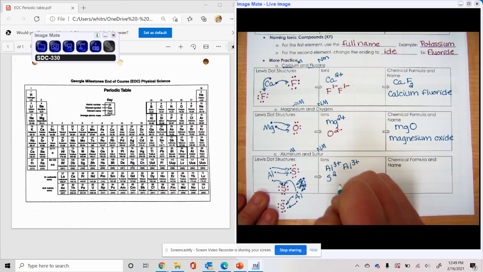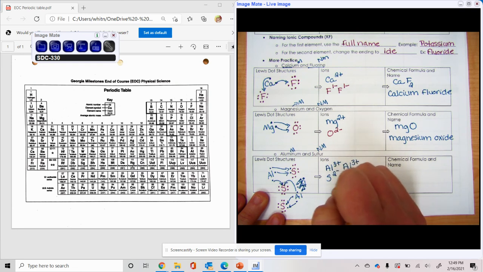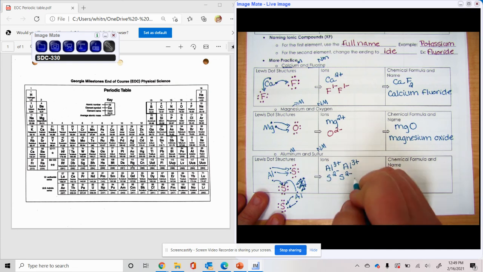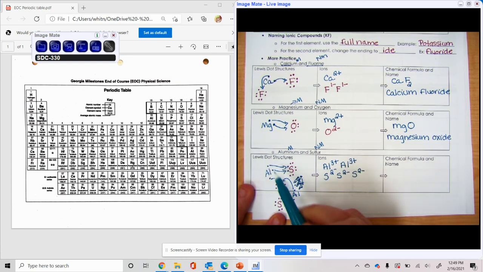Al3 plus, S2 minus. I've got 6 here and I only have 4 here. Can I make this 4 into a 6? I can. S2 minus. Now I've got 2 aluminums, which is how many I had over here. So these 2 should match. And I have 1, 2, 3 sulfurs. 6 positives, 6 negatives.